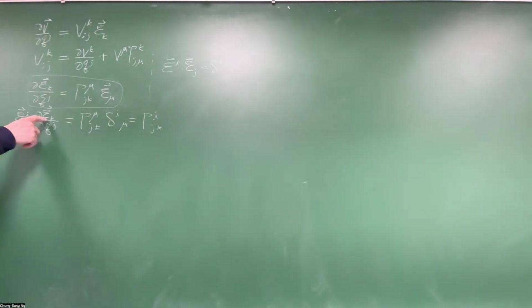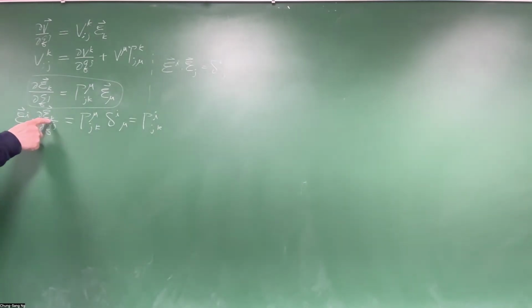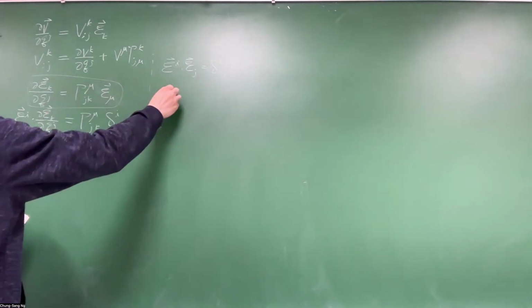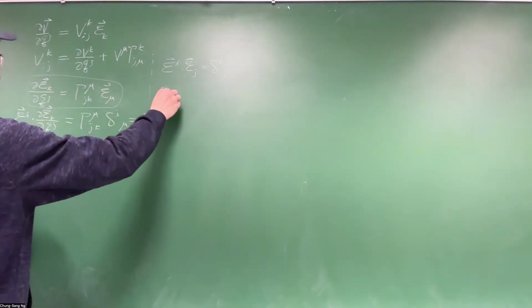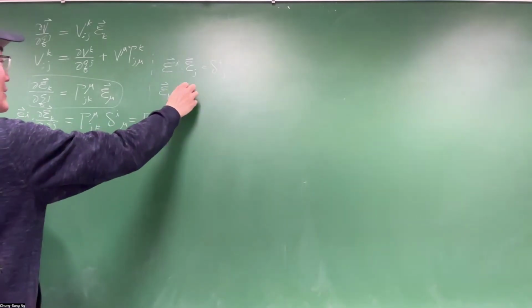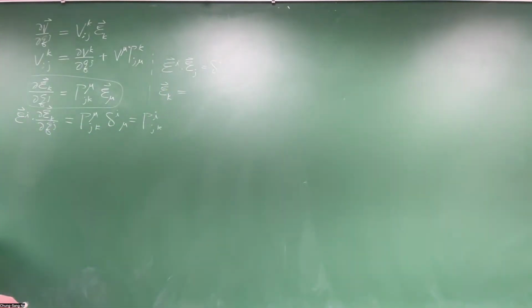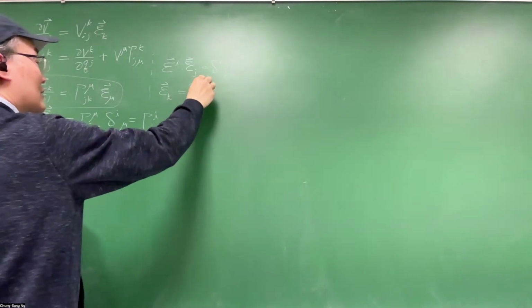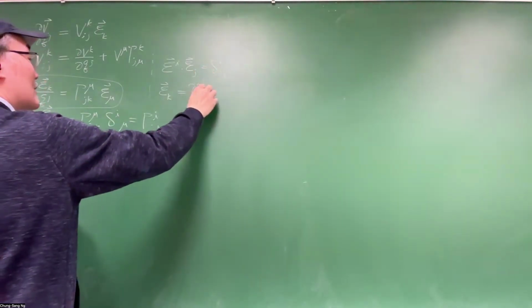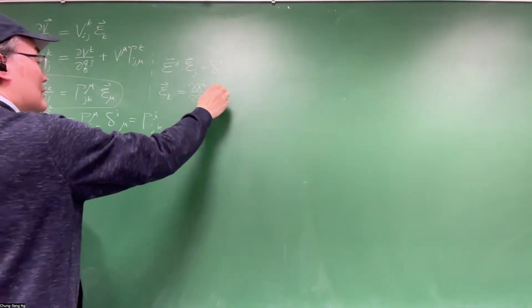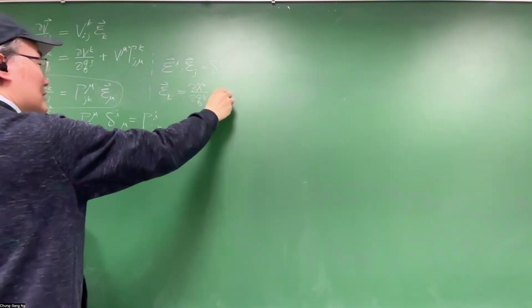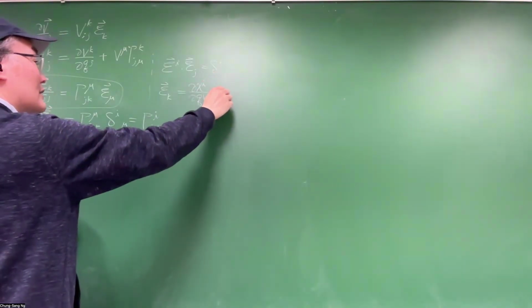We'll do that by the definition of epsilon, because you remember this epsilon k basically is using the Cartesian coordinate, partial x, and using the unit vector in the Cartesian coordinate.